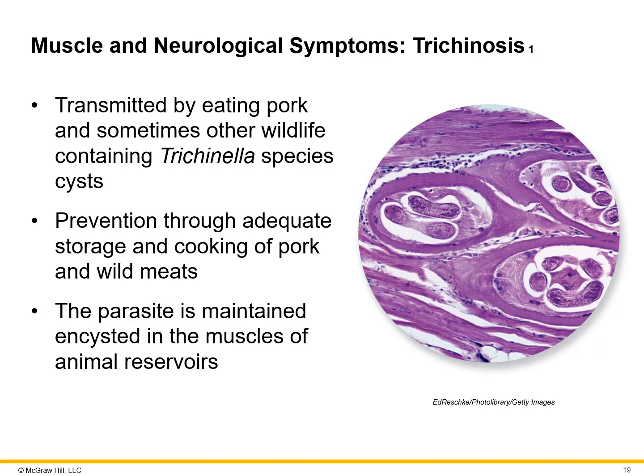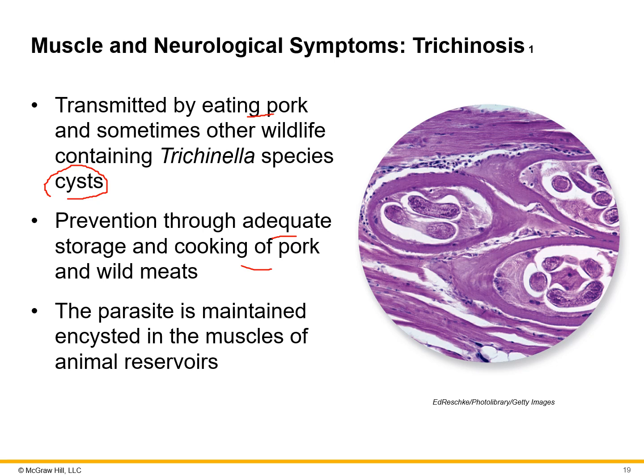All right, some of the muscle and neurological symptoms of trichinosis. So Trichinella can be transmitted by eating pork and some other wildlife, again, ingesting those cysts that can be formed. It's prevented by adequate storage and also cooking of pork and wild meats.